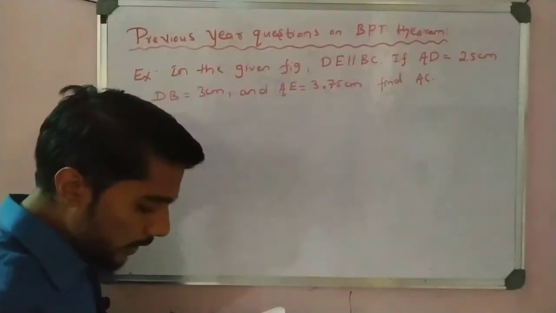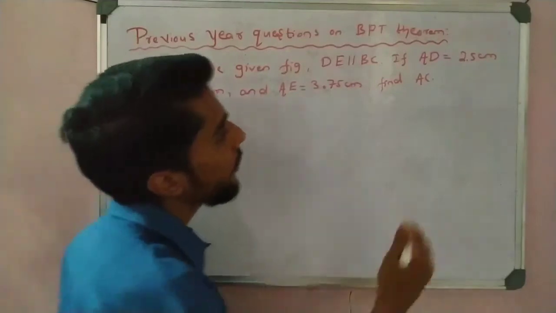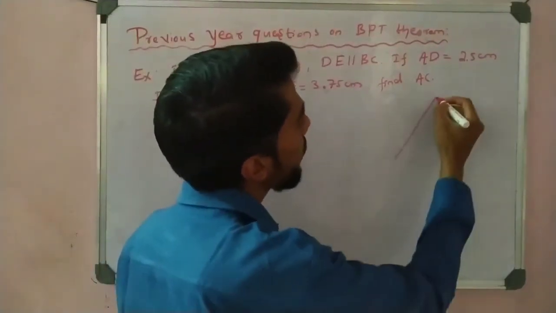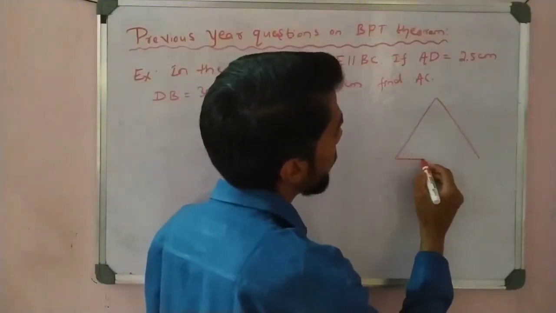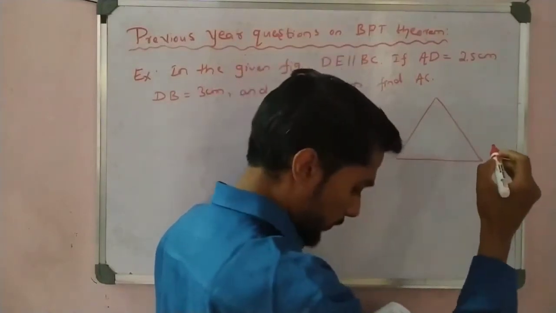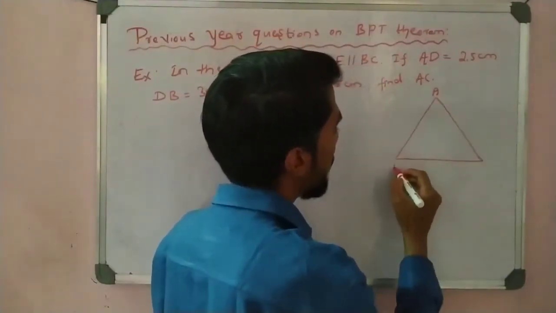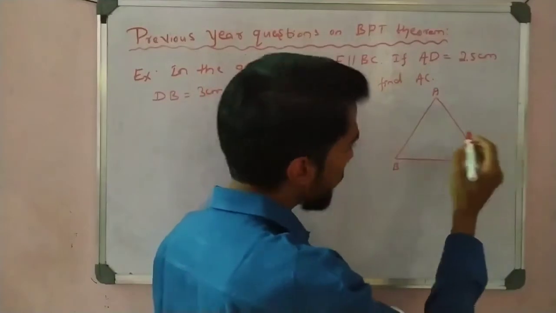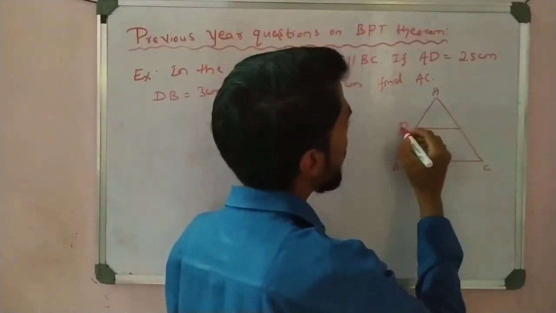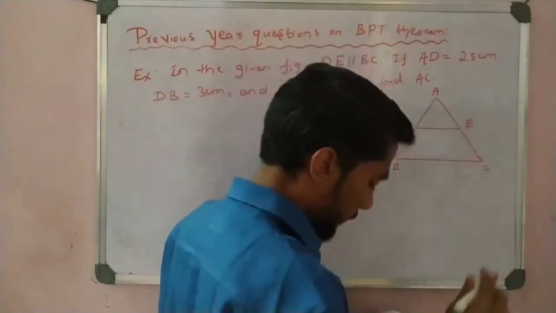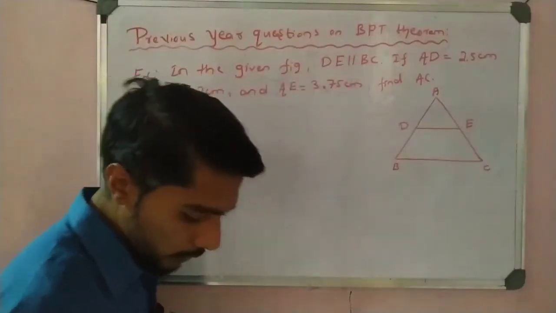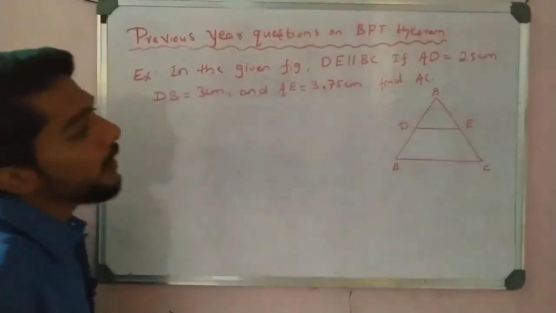The diagram is given in the figure, like this: triangle ABC with DE drawn. Now let us solve the problem.